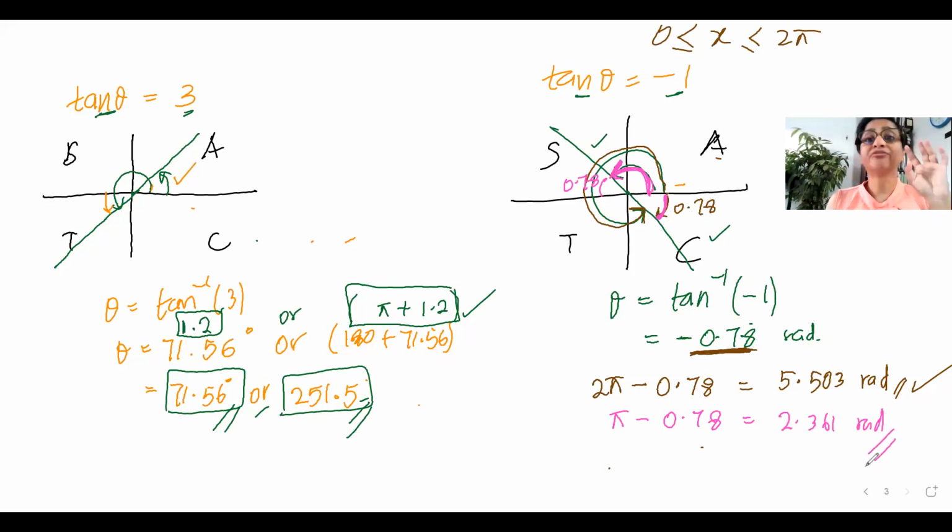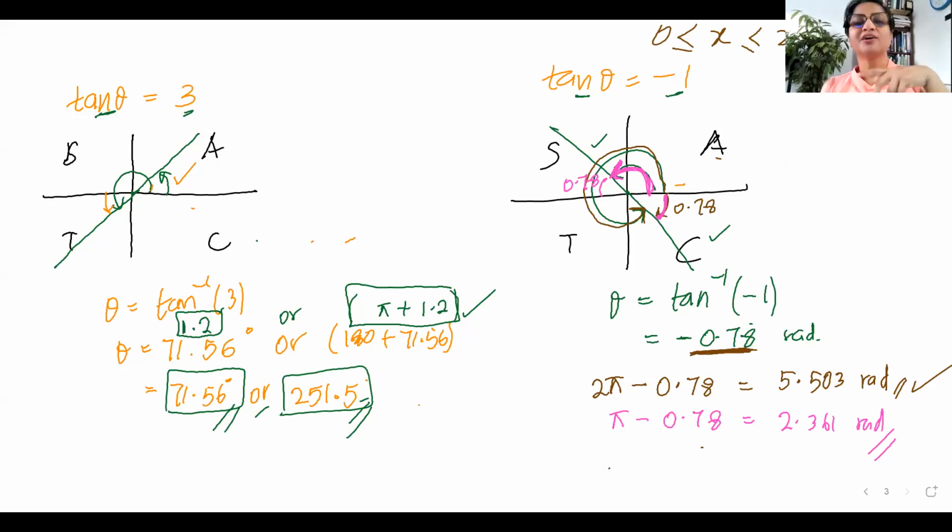I have 4 answers. This equation has 4 solutions. It was a quadratic equation of tan theta, and it has 4 solutions. And so the main takeaway here is, why did I solve this equation?